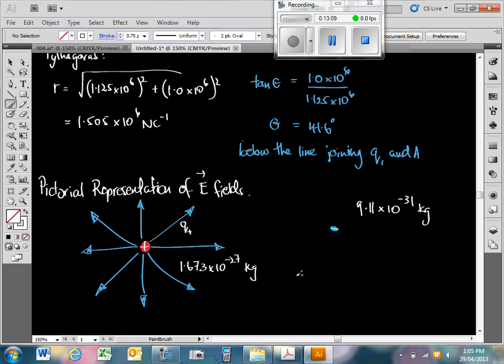Anyway, so back to E fields. Electric field lines are lines of force. What is an electric field?